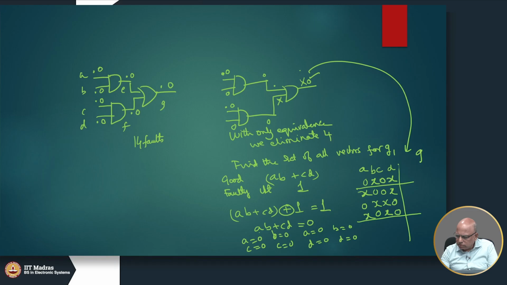So, for G1 the vectors are 0000 or 0100 or 0001 or 0101. Similarly, 0000 is already taken. We can have 0001, that is also already done.